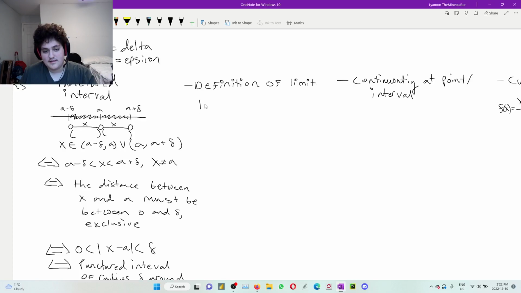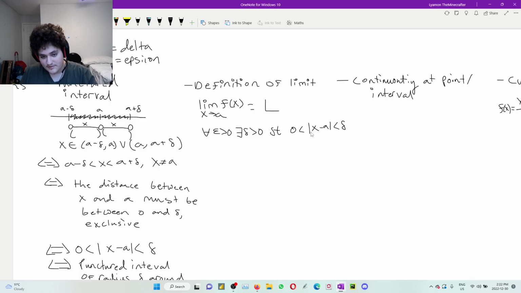If I say that the limit of f of x as x approaches A is equal to some limit L, that's the same thing as saying that for all epsilon greater than 0, there exists delta greater than 0, such that if the distance between x and A is between 0 and delta exclusive, and I can choose any delta I want, then I can guarantee or imply that definitely the distance between f of x and the limit will be less than any arbitrary epsilon that's greater than 0.